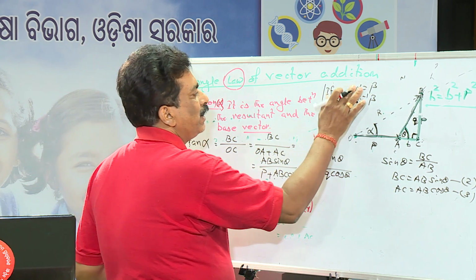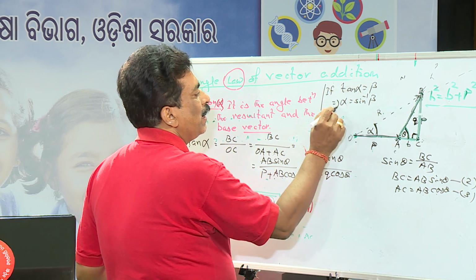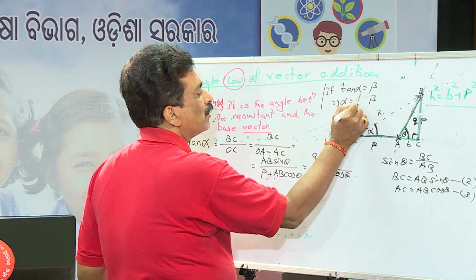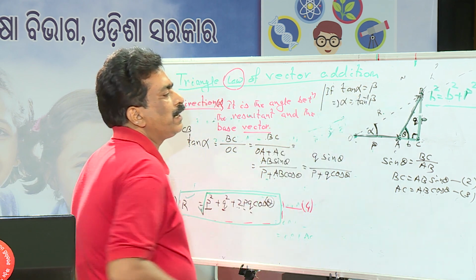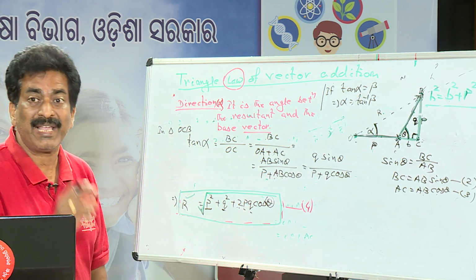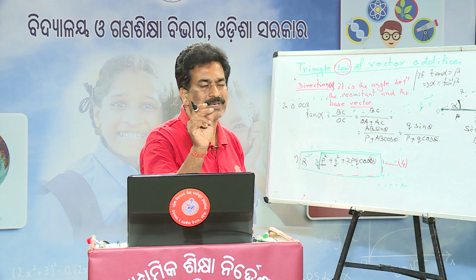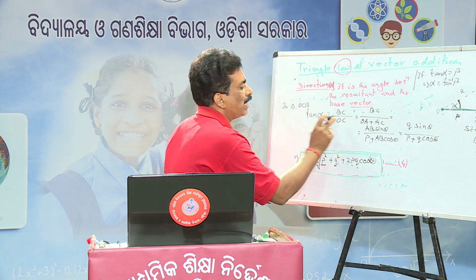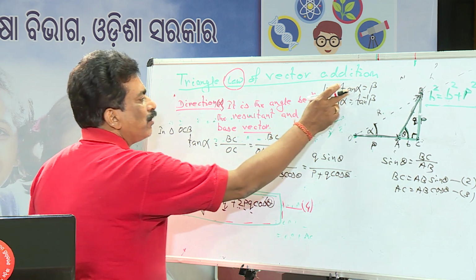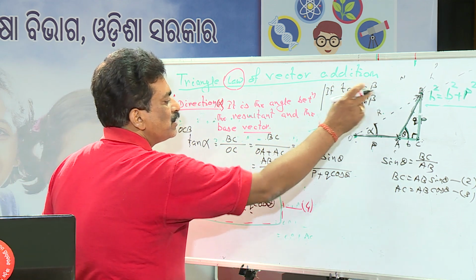Instead of sin, if that is tan, then this alpha will be tan inverse of beta. The pronunciation will be inverse. According to my example, tan alpha is equal to beta.